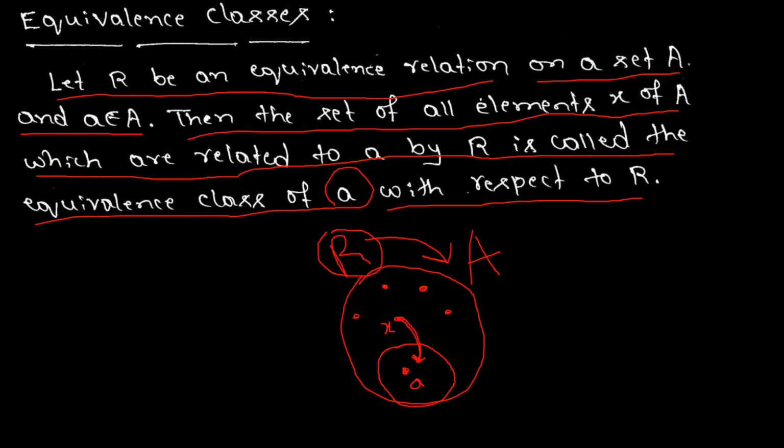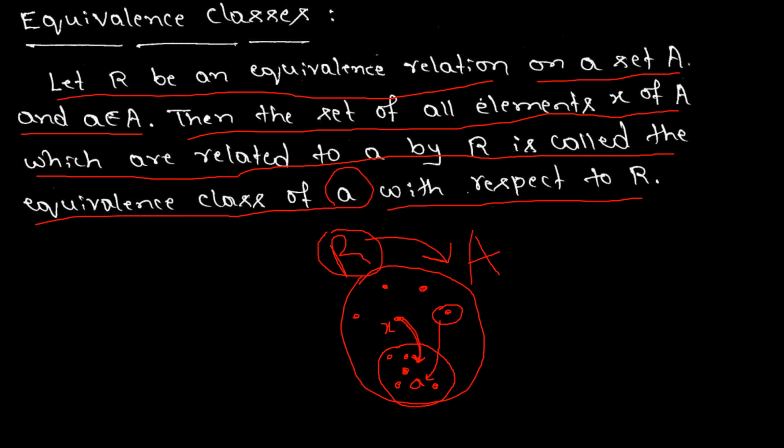Then we search for the other element which is related to a again. If this element is related to a, then again we take this element inside the set. In the same way, we collect all the elements which are related to small a and form a subset with the help of a relation which is an equivalence relation.